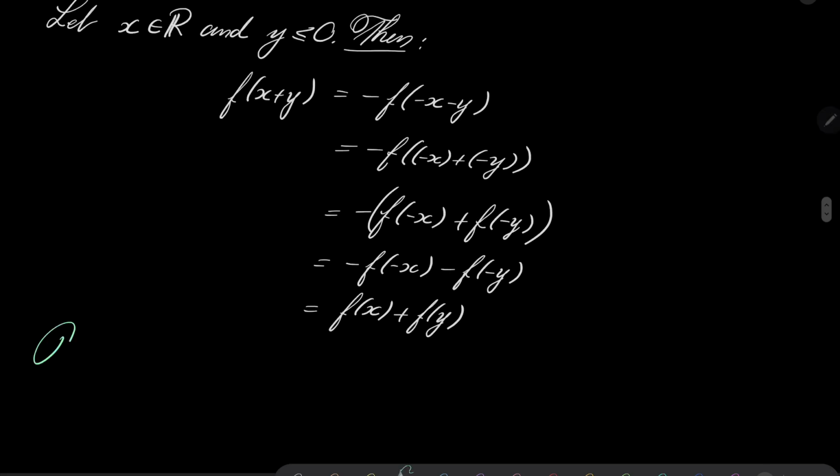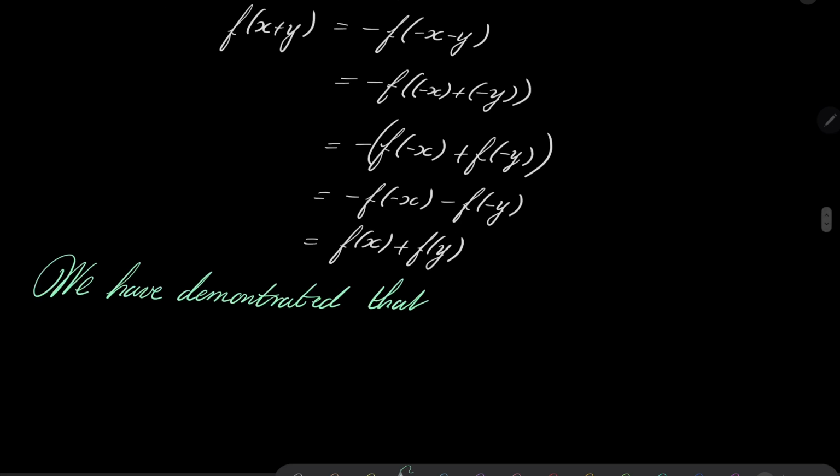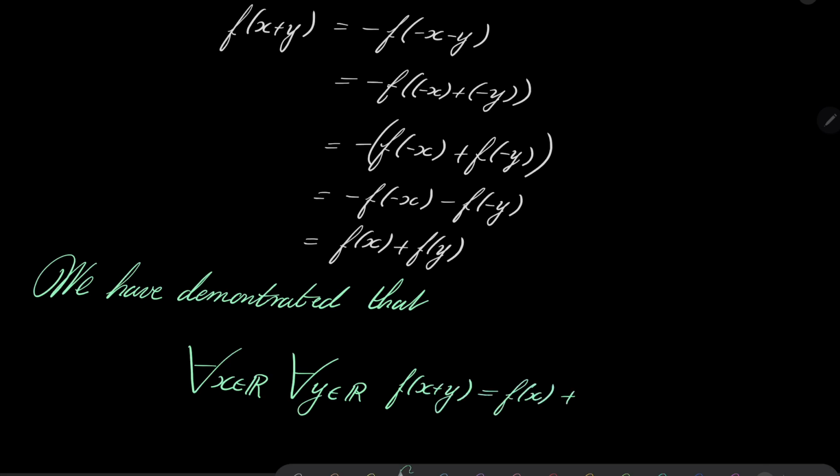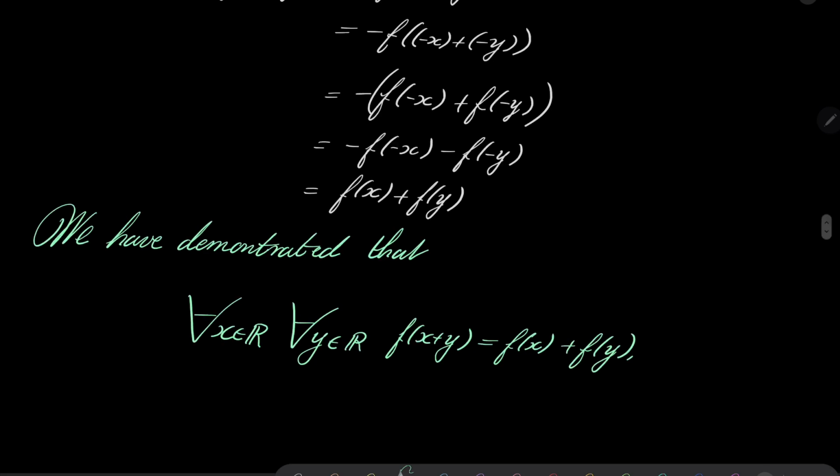We have demonstrated that, in fact, for every real number x and for any real number y, f of x plus y equals f of x plus f of y. Which means that our function satisfies the Cauchy functional equation.